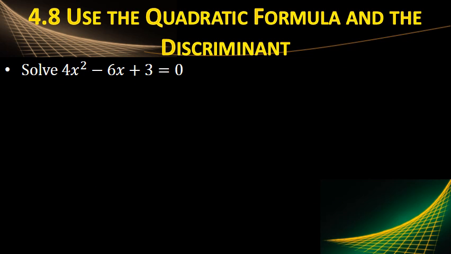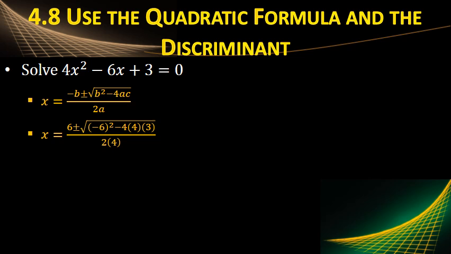Now let's try to solve this one. Use the quadratic formula. A is 4, B is negative 6, C is 3. Simplify. Negative 6 squared is 36, and 4 times 4 is 16 times 3 is 48. 36 minus 48 is negative 12.